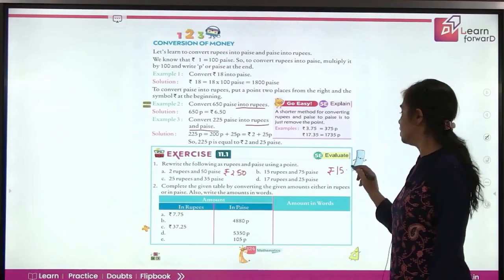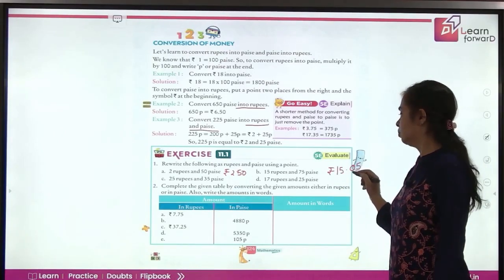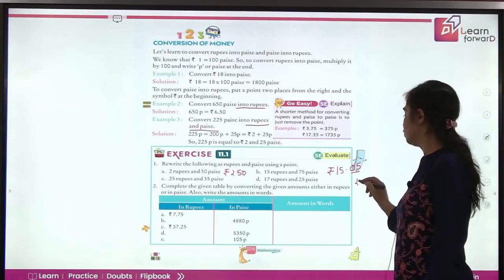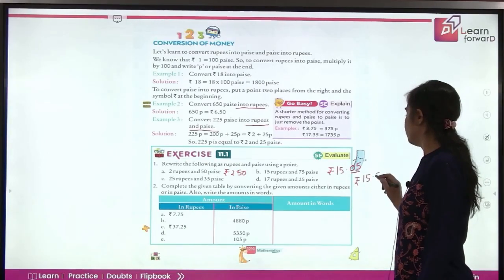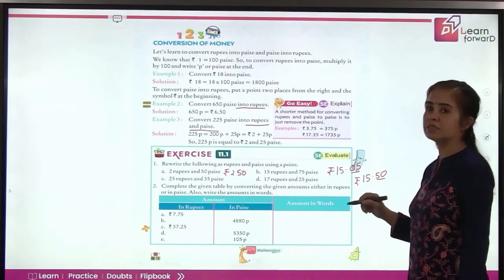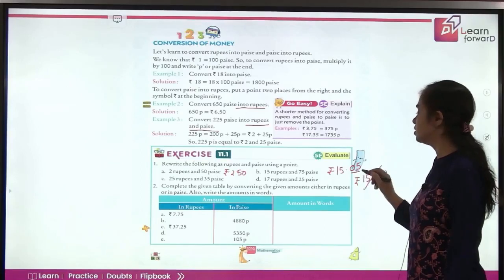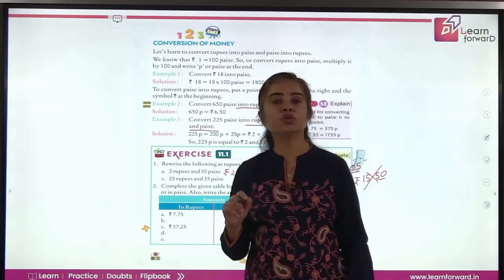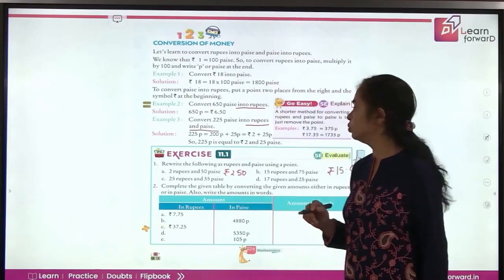So it will be 0.05, because you have to put 2 places. If you leave it as rupees 15.5, that means there is a 0 after it, which means actually 50 paisa. So remember, the 2 places after the decimal are of paisa and the amount should be written exactly in those 2 places.